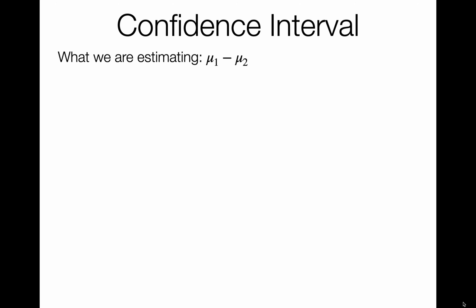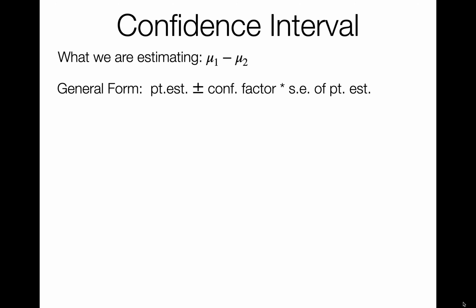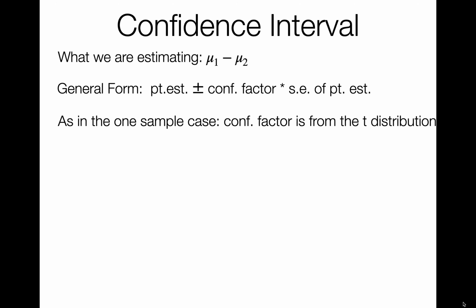So we can make a confidence interval, and I'll go through it step by step, but we have talked about it quite a bit in chapter 8, so it should be fairly familiar, and I'll point out where the differences are. We're estimating mu1 minus mu2, just like we were estimating mu last time. The general form of the confidence interval is the point estimate plus or minus some confidence factor or critical value times the standard error of the point estimate. So we know most of this.